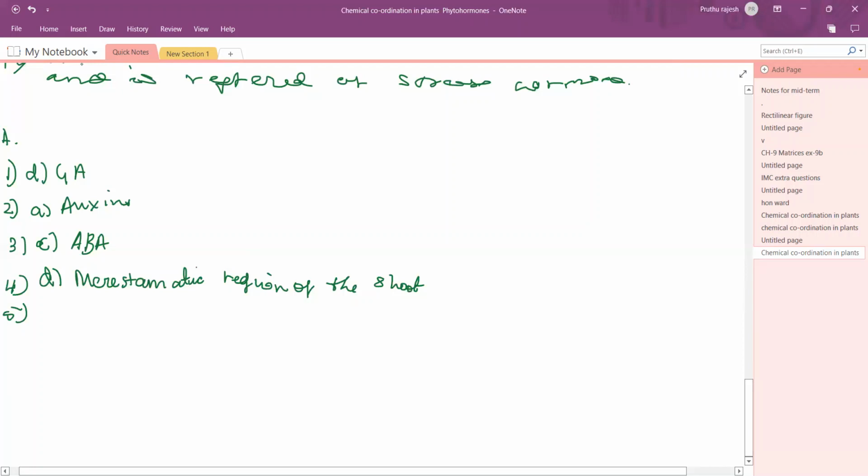A higher concentration of ethylene is found in green banana, ripe banana, fresh potato tuber, and green apple. The actual answer is ripe banana. Green banana cannot be because it does not have high ethylene. A fresh potato tuber also does not contain a high concentration of ethylene, and green apple does not either. So ripe banana is the answer.